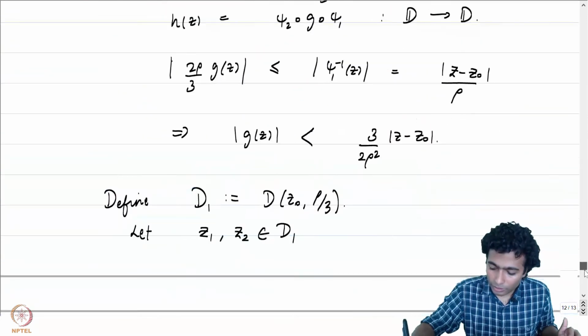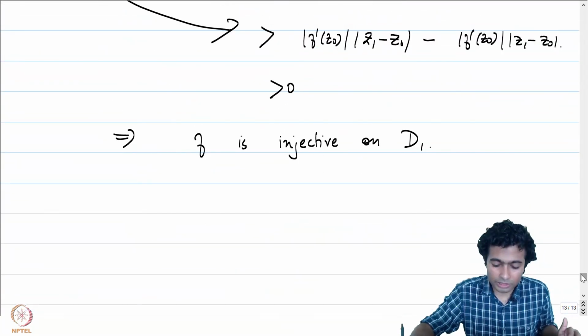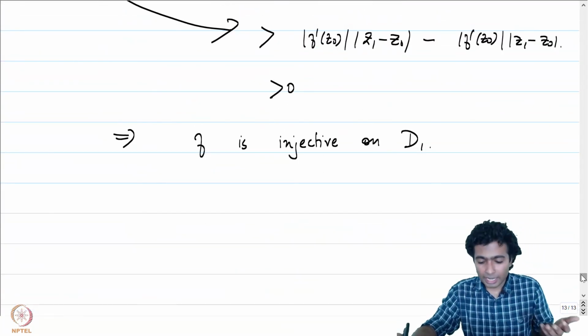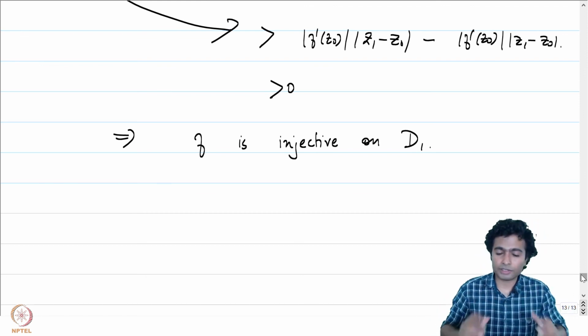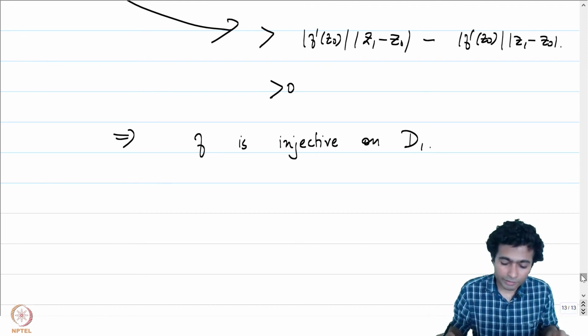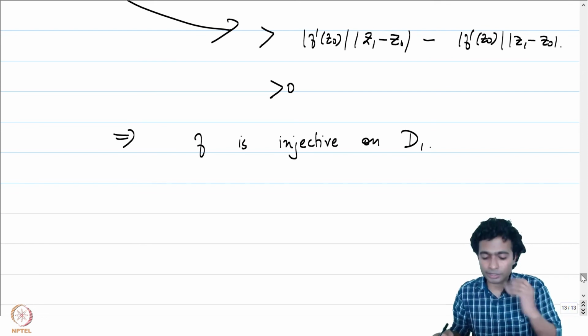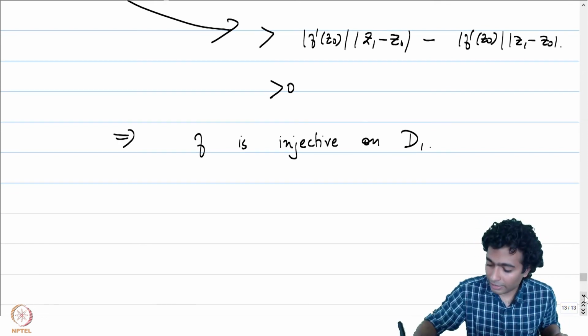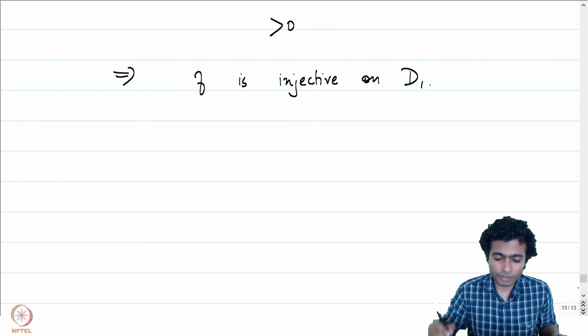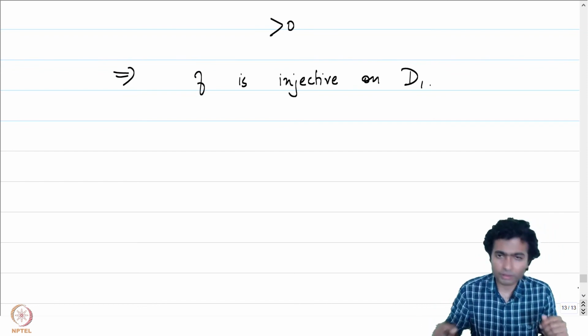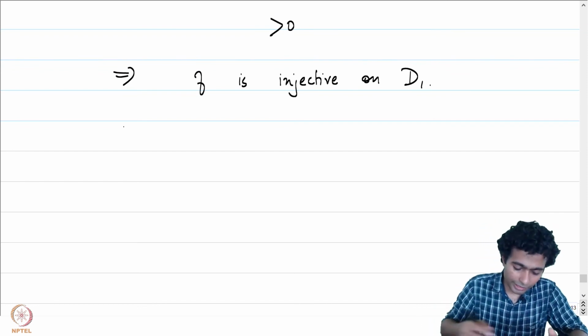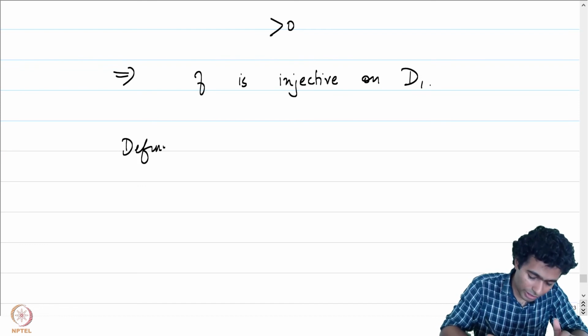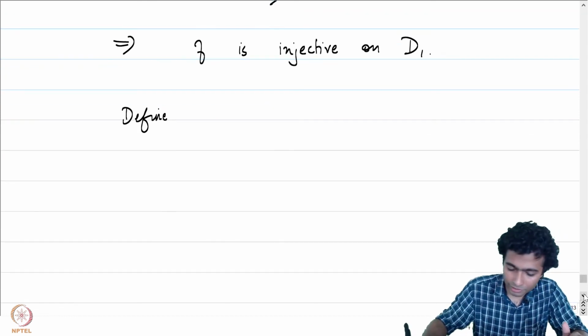The only thing now left to prove is that this function f satisfies the condition that the disk of radius 1 by 72 around 0 is sitting inside f of D1. In order to prove that f of D1 contains this disk, let's define another auxiliary function. This is a new g that I'll use. I don't want to use too many notations.